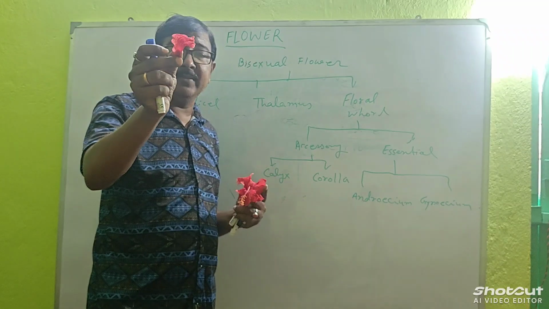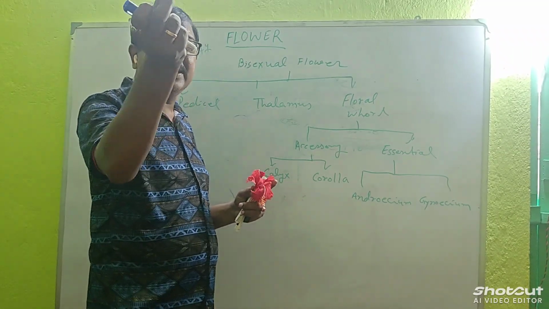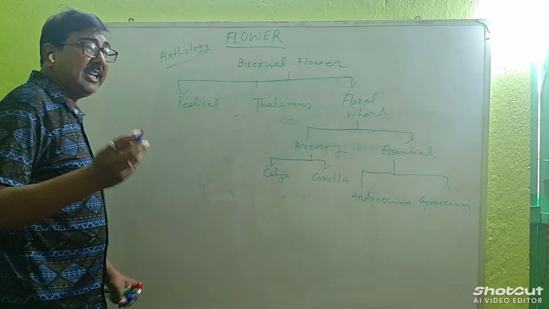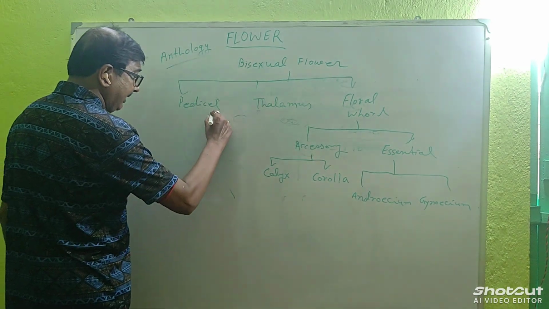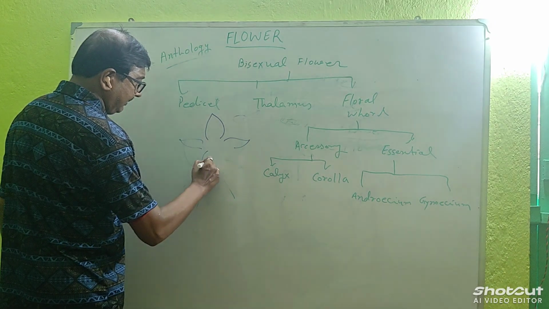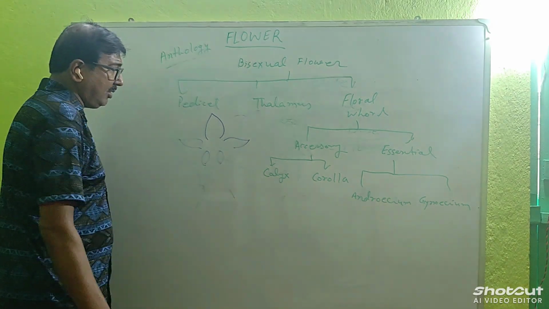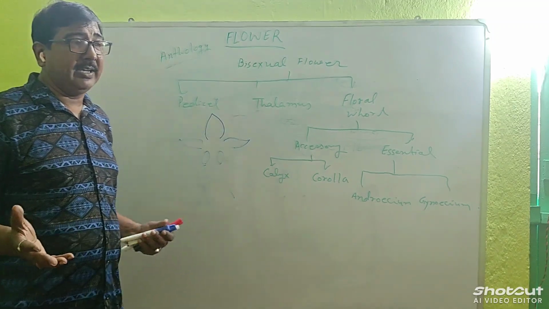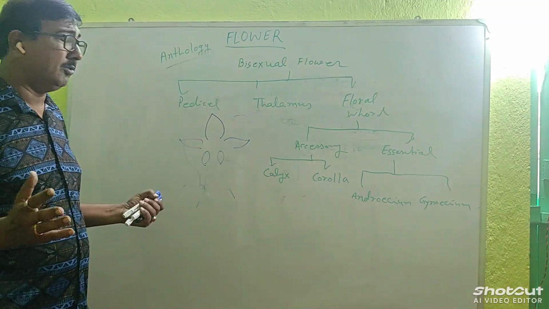This is the corolla. Different flowers have different structures. In the case of clitoria, the corolla looks like this type. Different flowers have different corolla shapes and also different colors.